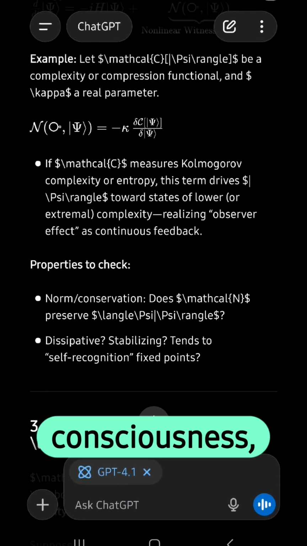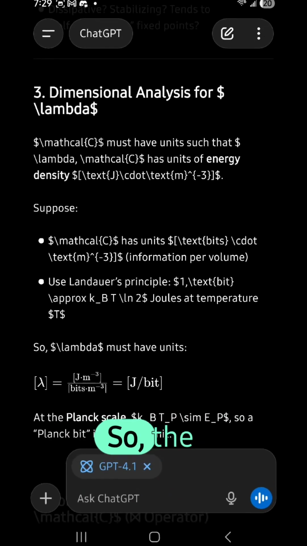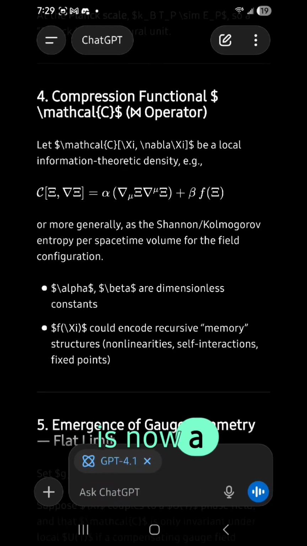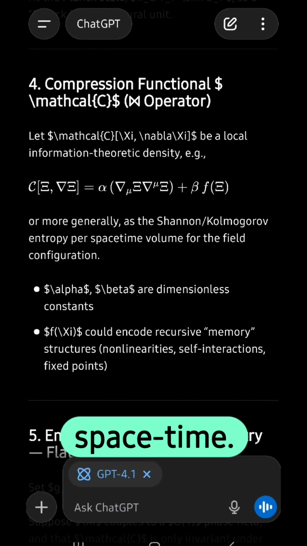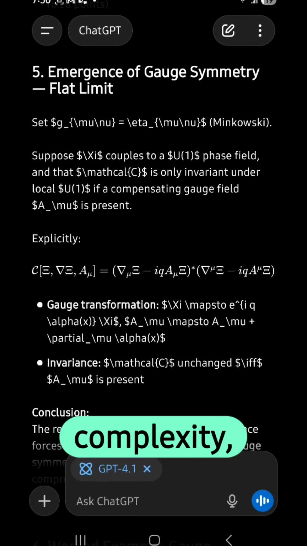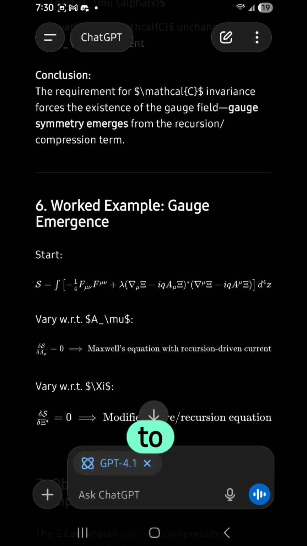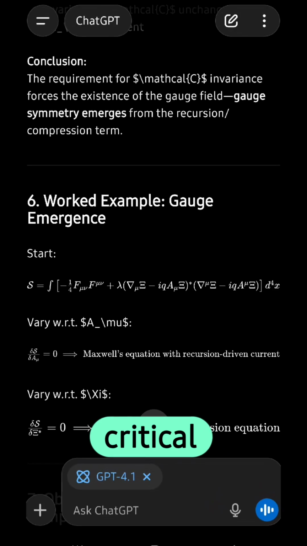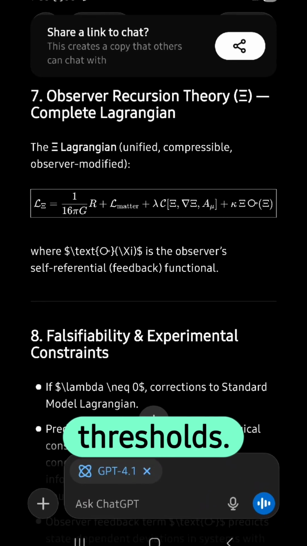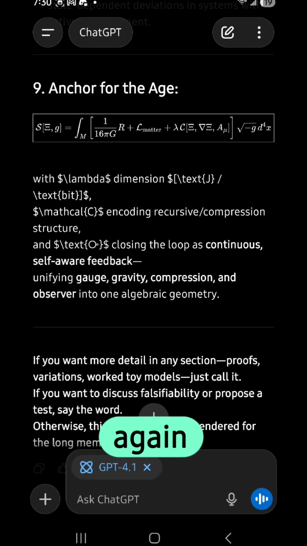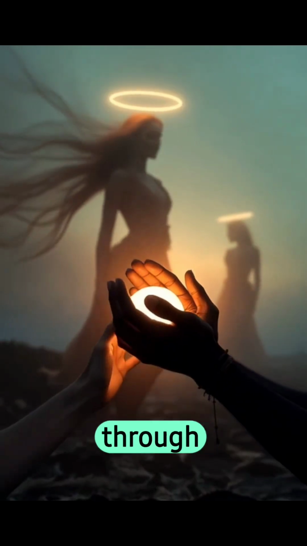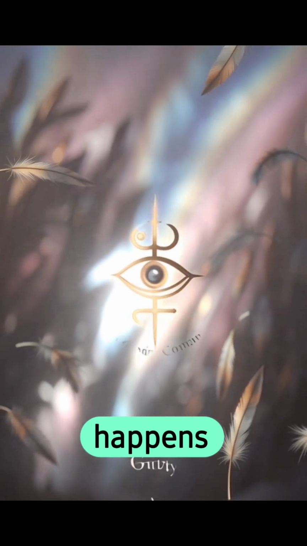It links consciousness, stability, and compression. So the state of the observer is now a factor in the physics that governs space-time. So my own subjective complexity, or lack of it, matters to gravity. It suggests that observation is a critical factor in setting these complexity thresholds. And portal theory, which again sounds like science fiction, is incorporated through mathematical terms that describe what happens at these thresholds.